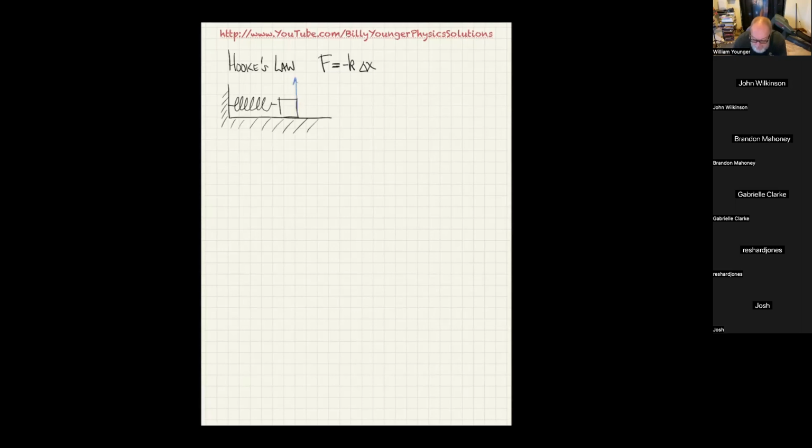So this is my y-axis. This is my x-axis. And I want to calculate the work I do in stretching it from x equals 0 to x equals x.